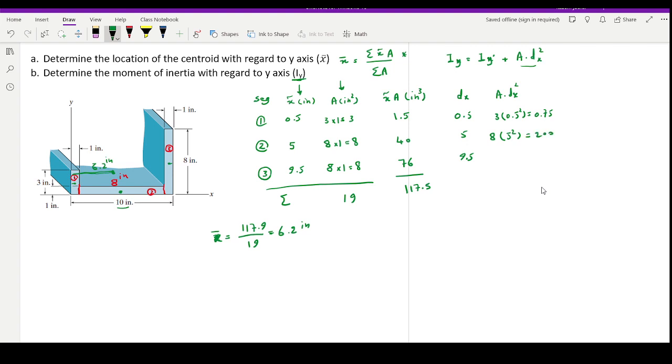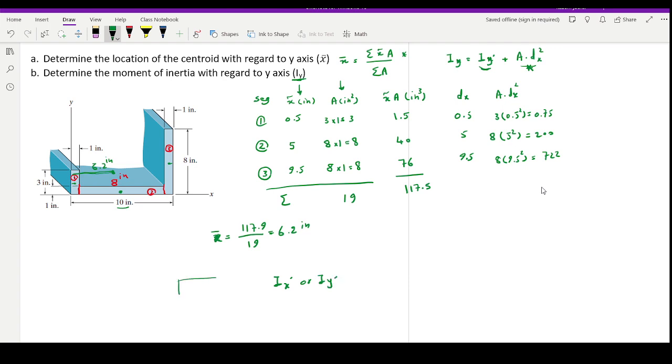And for this one, it's 8 times 9.5 square, and that's equal to 722. So this part of the equation is solved. Now I need to find the second part. And you know that I am writing it here, Ix prime or Iy prime. As I said, there is a table.